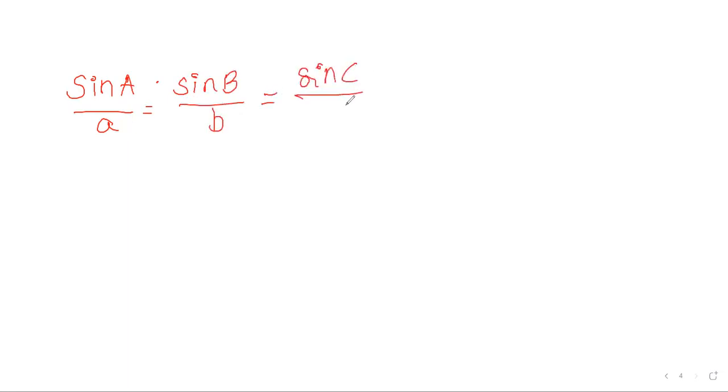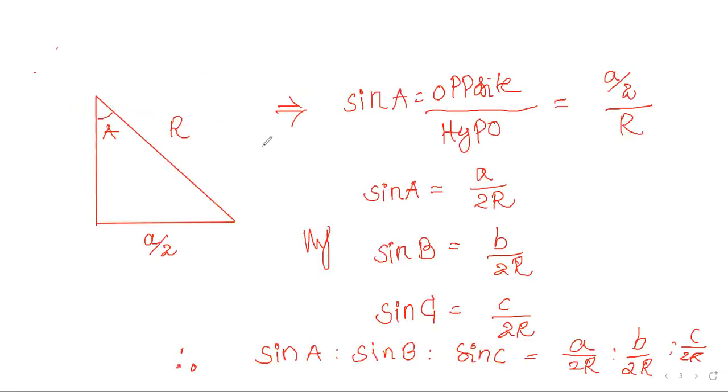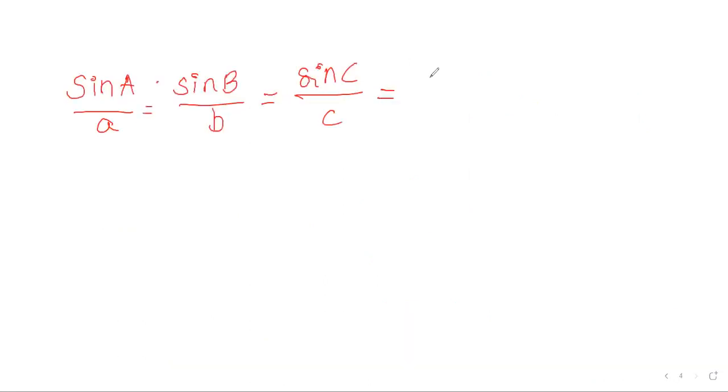Now sin A by a is equal to sin B by b is equal to sin C by c. If you equate like this, a to a, b to b, and c to c, you will get this equal to 1 by 2R.